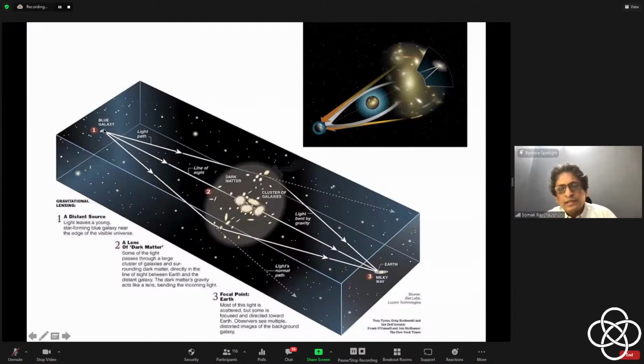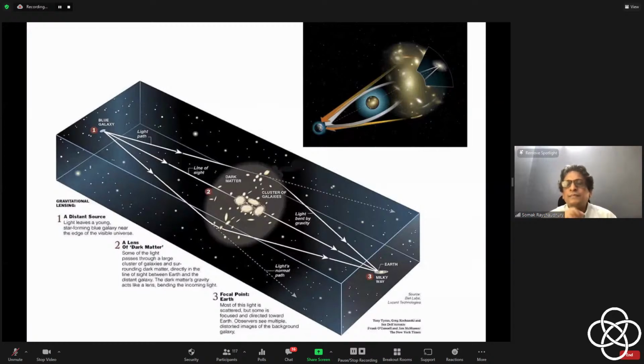If you have a very distant galaxy and are observing it from the Earth, then as the light passes by a cluster of galaxies, it is bent, and you see distorted images, you see multiple images, and that helps you model the mass distribution in this system, which is called the lens. The lens being something that curves the path of light rays.